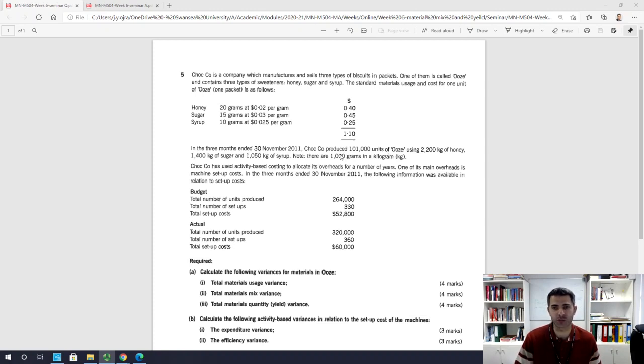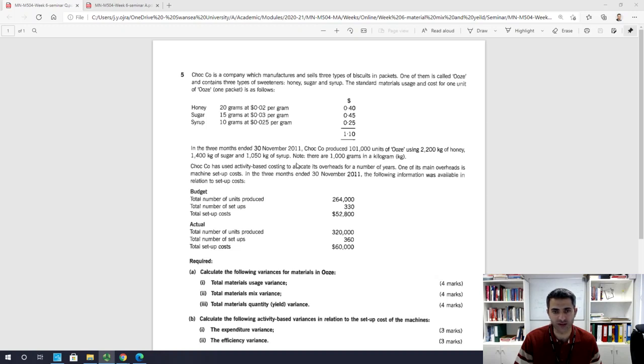The actual output is 101,000, and the actual kilograms used for each ingredient: for honey 2,200 kilograms, 1,400 of sugar, and 1,050 of syrup. The question tells you that there are 1,000 grams in a kilogram, so you should know this without the information.